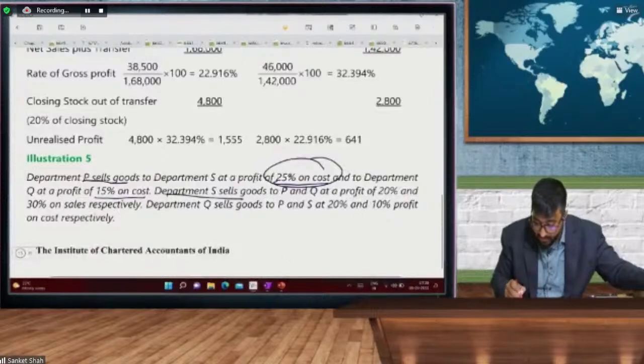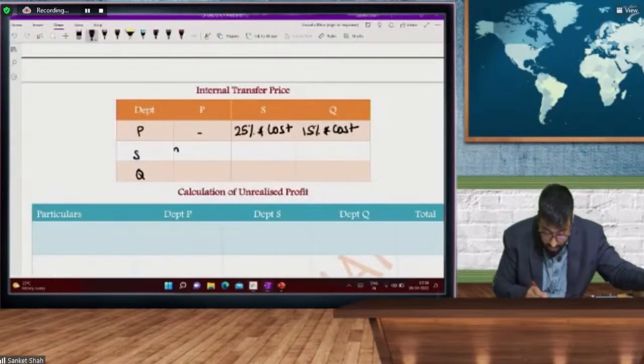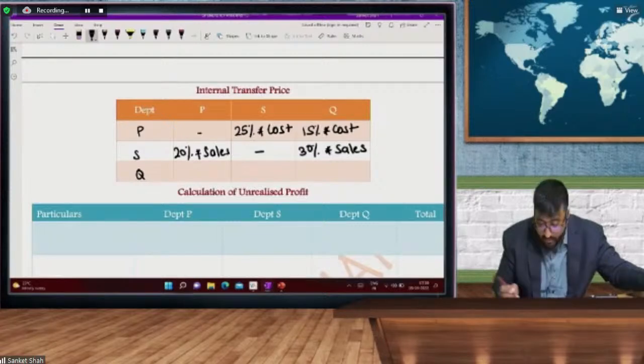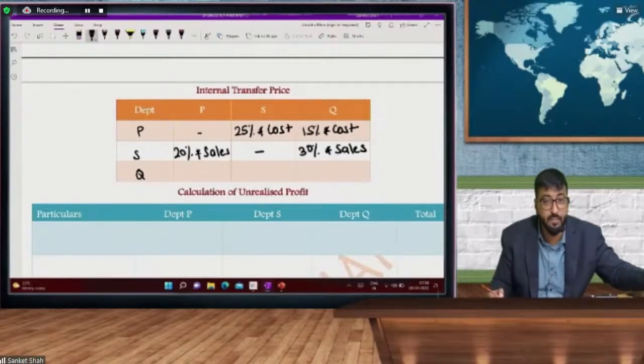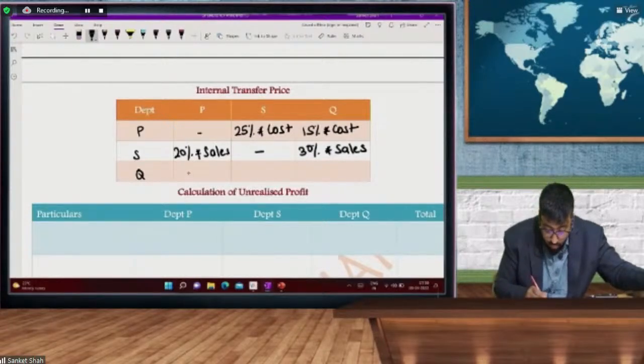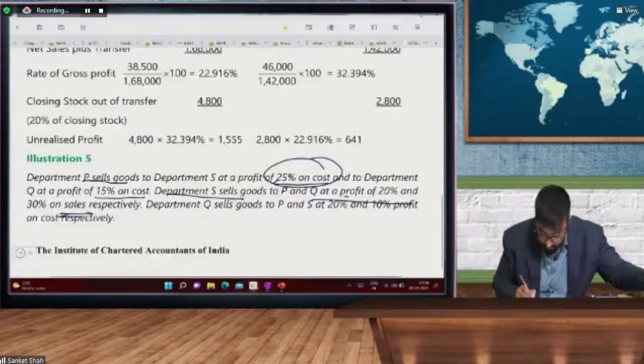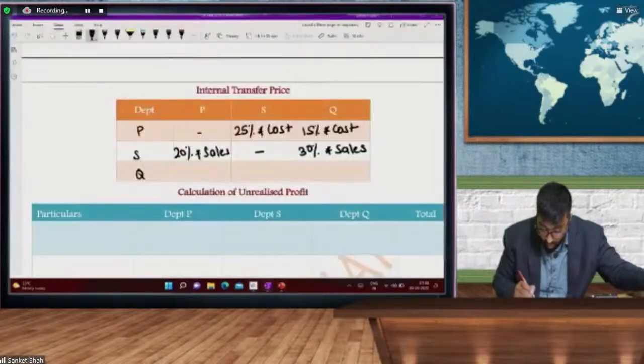Department S sells goods at 20% and 30% on sales. So beta, S to P, 20% on sales, and to Q, 30% on sales. Got the concept, beta? And Q will transfer at 20% and 10% on cost.